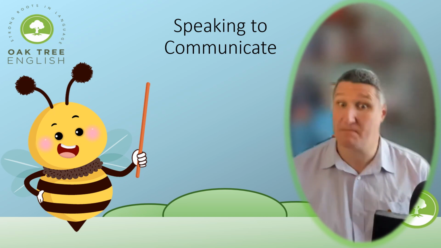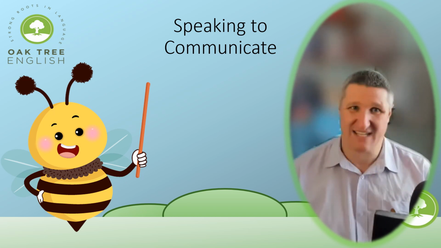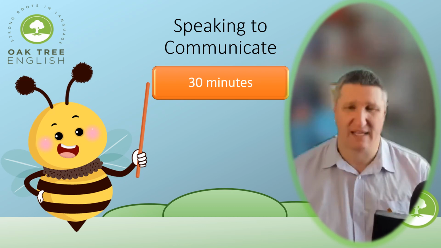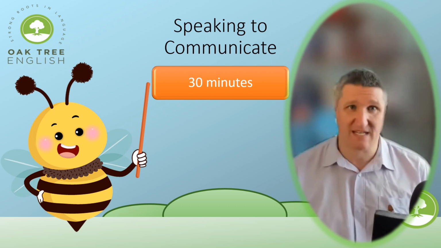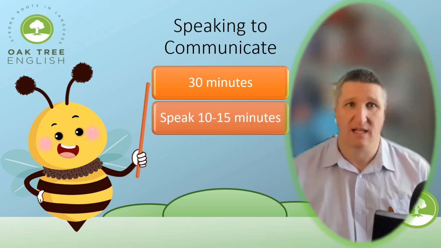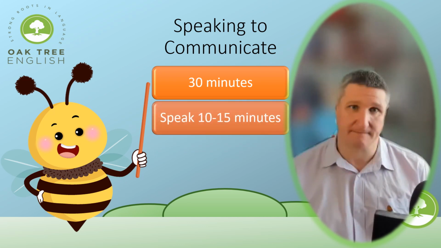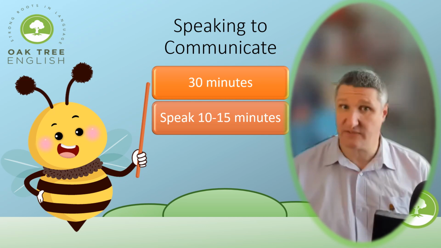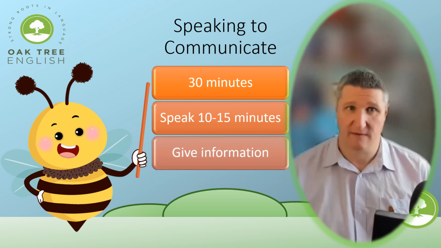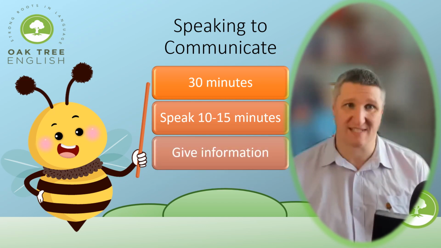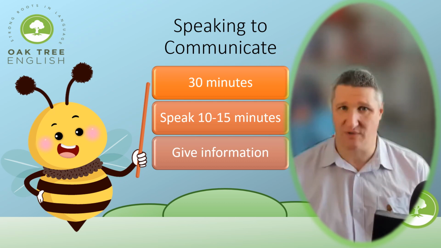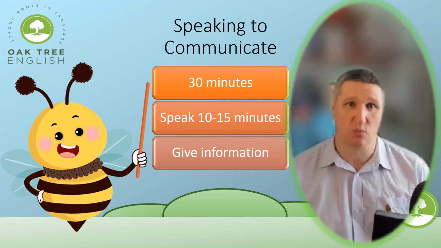The first speaking activity is 30 minutes long in theory, but this includes about 10 to 15 minutes of speaking and 15 minutes planning. The task is in 2 parts. First, you'll be asked to give some personal details, such as your name, your nationality, and a brief backstory, such as why you're studying English.